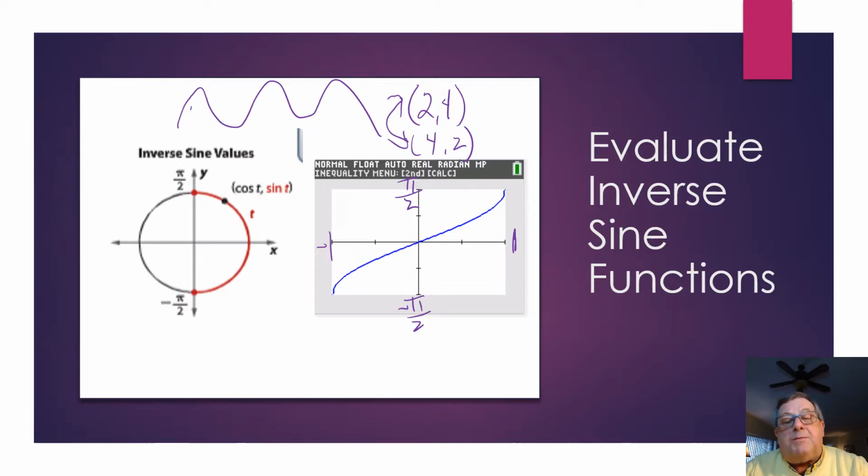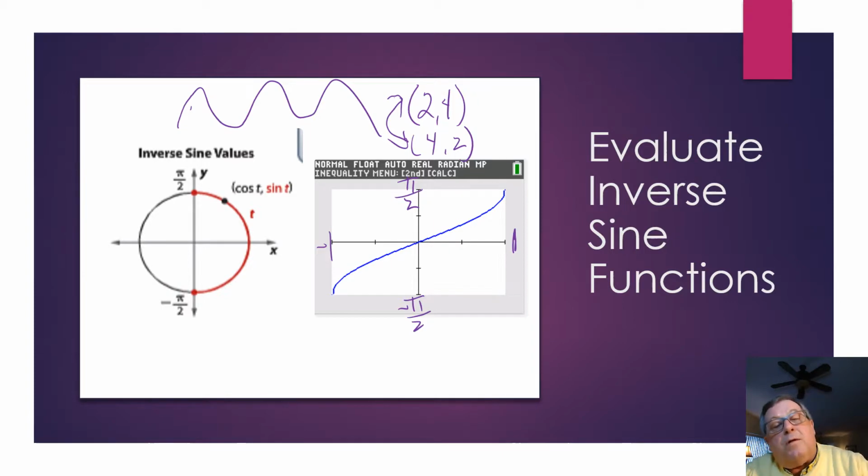I set my x minimum at -1, my x max at 1. I have a scale of 1/2 just to have it out there. And then I set the y range at -pi/2 for the minimum, pi/2 for the maximum, and I think I put a scale at pi/4 so we could see a little tick mark.